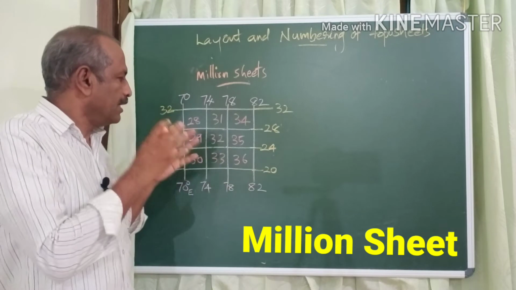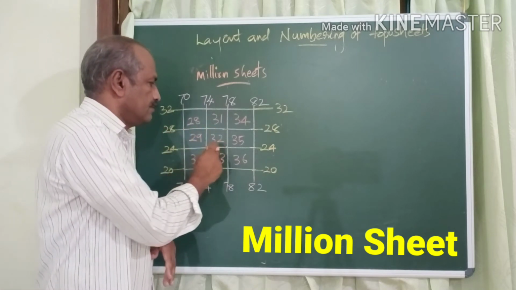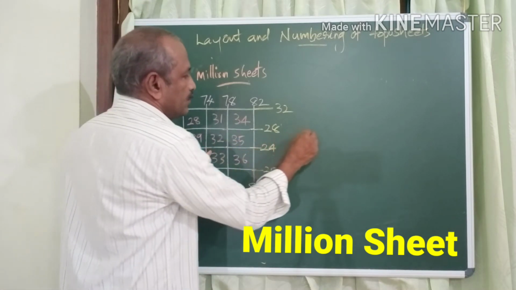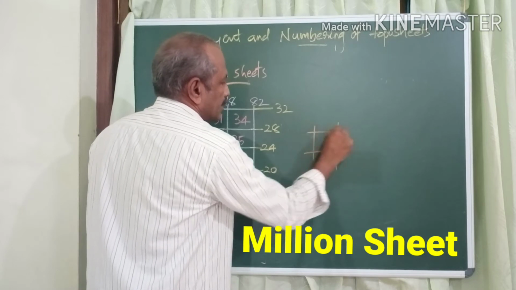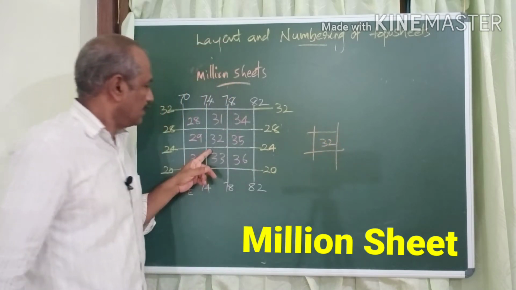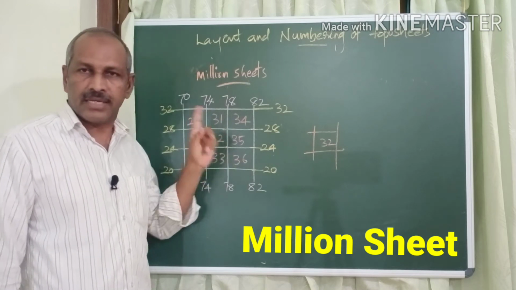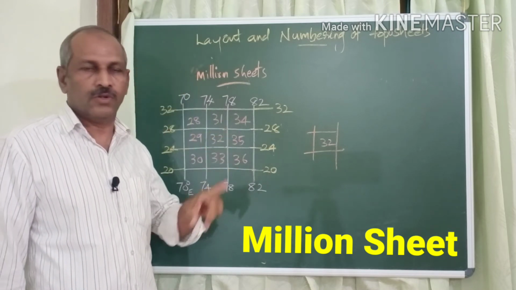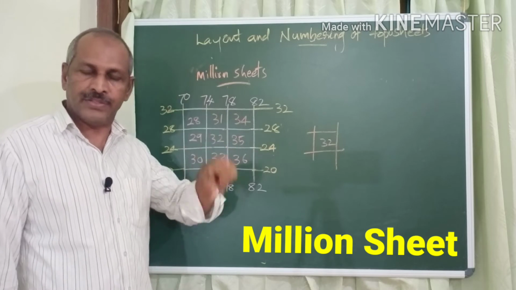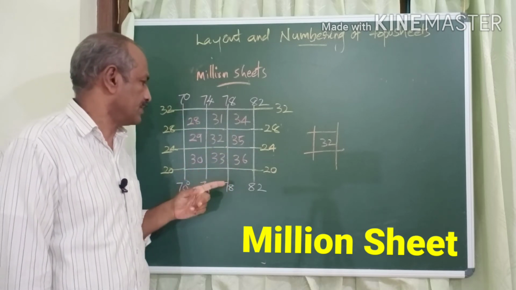Each million sheet, for example take this one, sheet 32, covers an area of 4 degrees latitudinal and longitudinal extension.